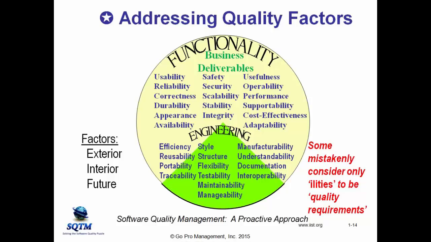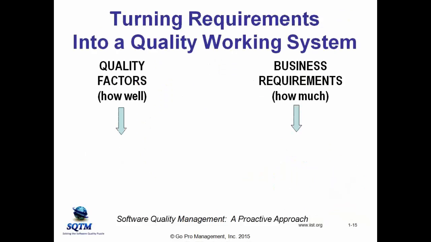And then some of these relate to futures, so maintainability and supportability and so forth. Okay. Those are future factors. So if you leave out any of them, you're going to be overlooking quite possibly some important elements of quality.